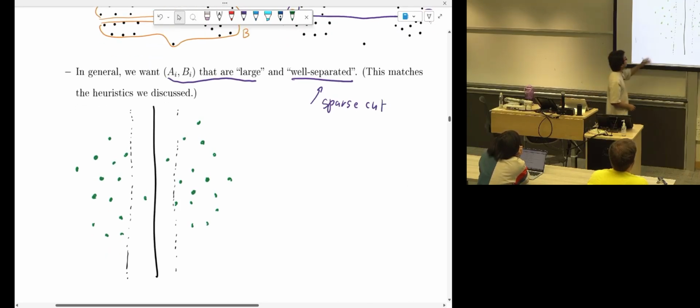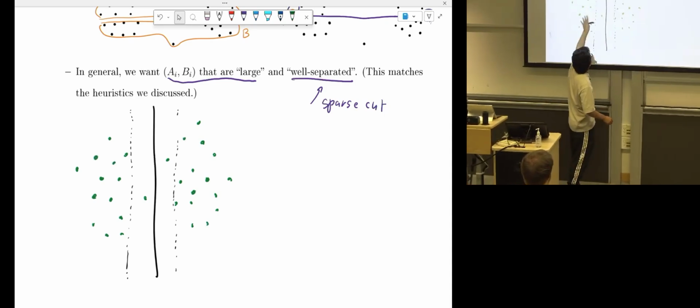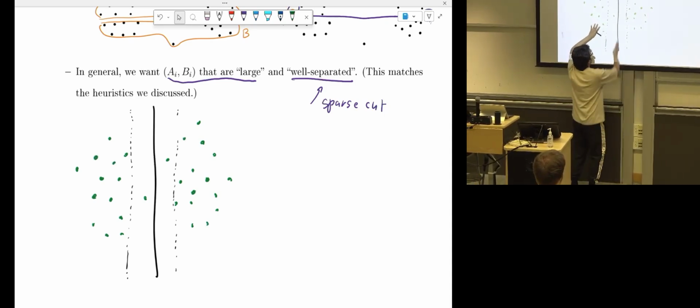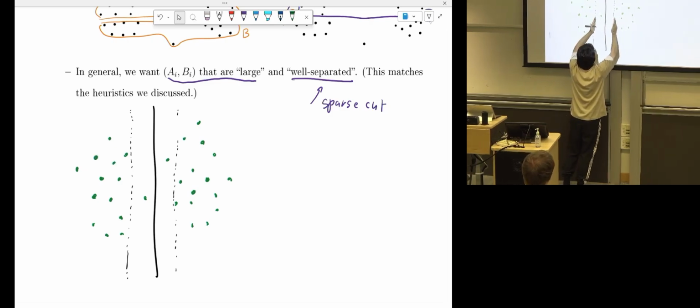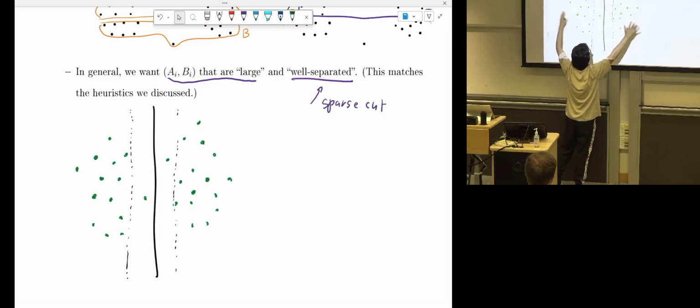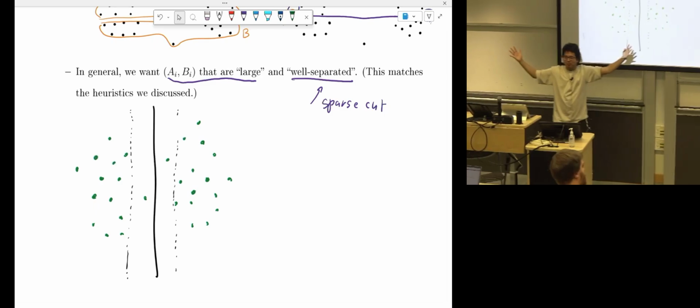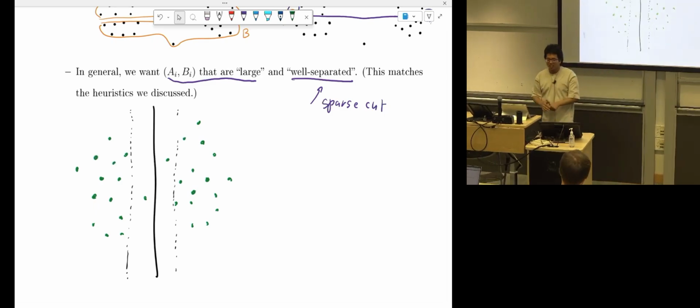Basically, if there are some points like this that are well separated, you kind of want to choose a cut, this A and B here, to make them come close together.